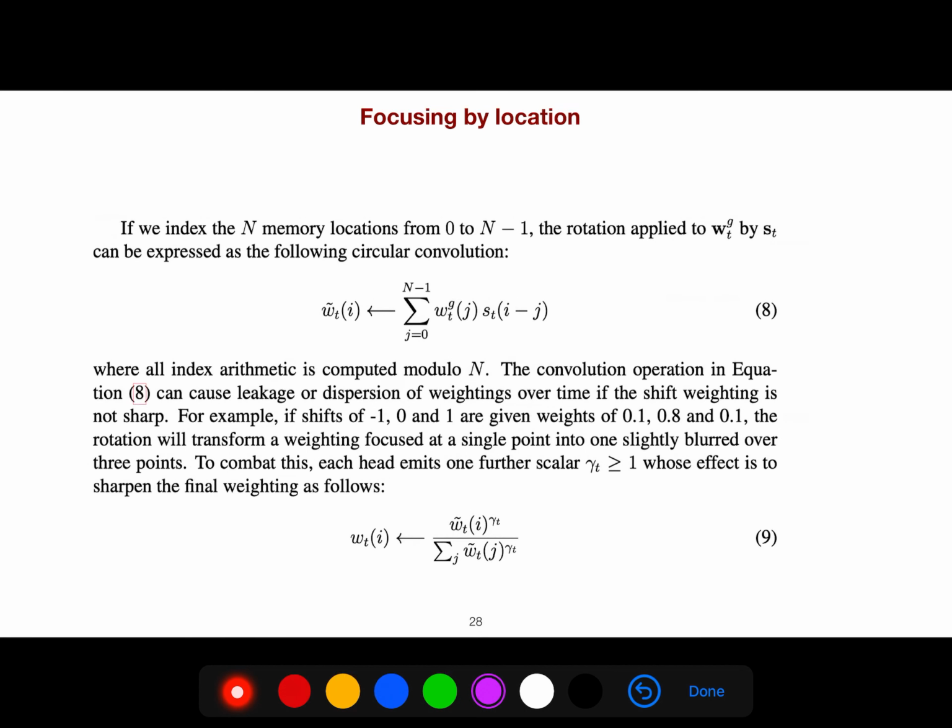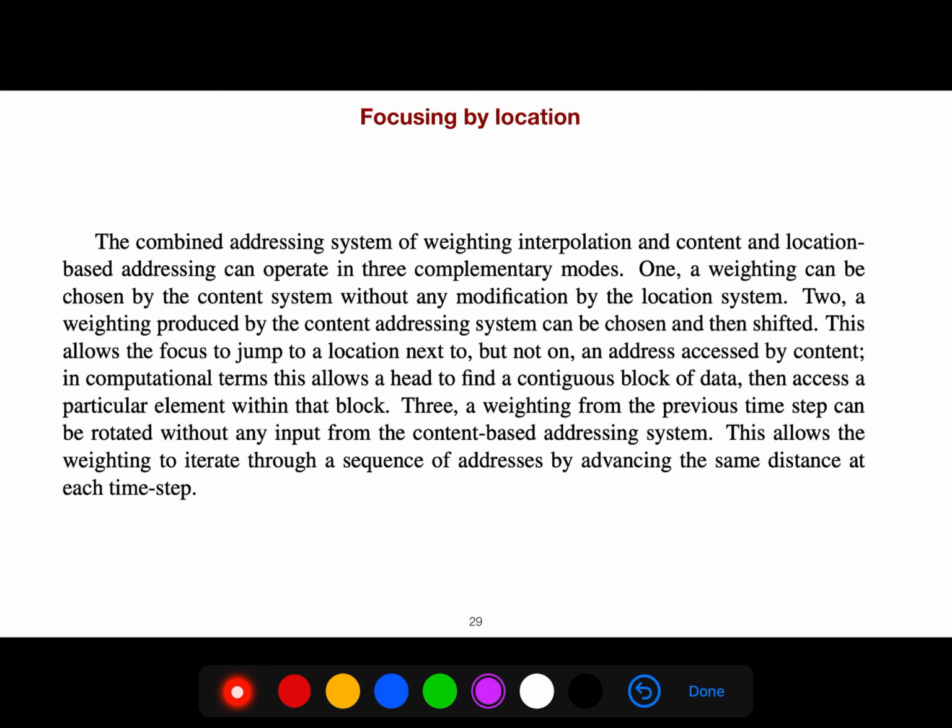If we index the n memory locations, the rotation applied can be expressed as the following circular convolution. So the combined addressing is a system of weighting interpolation, and content and location-based addressing can operate in three complementary modes. 1.